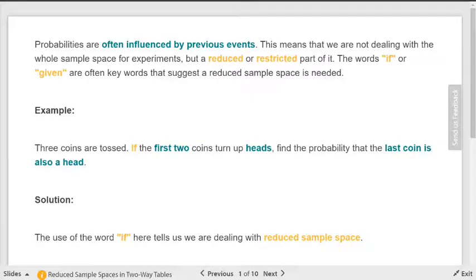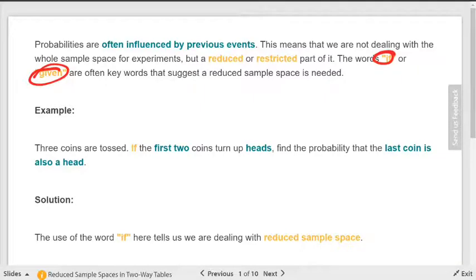We kind of did that just a moment ago. Sometimes if an event is influenced by a previous event, you're only going to be using a reduced or restricted part of it. And so usually you see the words if or given. Given means that given the fact that we did this already, right? That's what they mean by using that term.